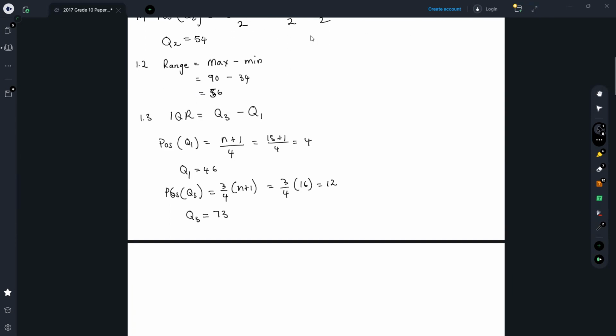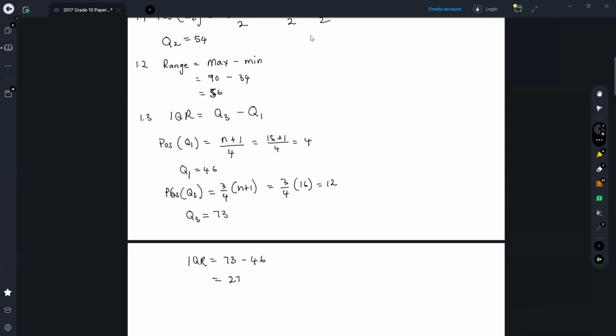So now we can give them the value of the IQR, where we say IQR is equal to 73 minus 46, like that. So now when you punch it on your calculator, you're going to get a value of 27.